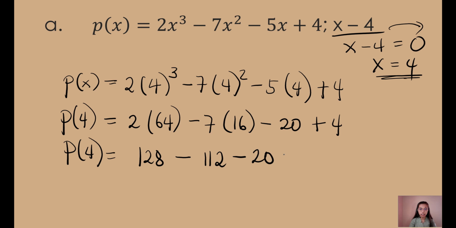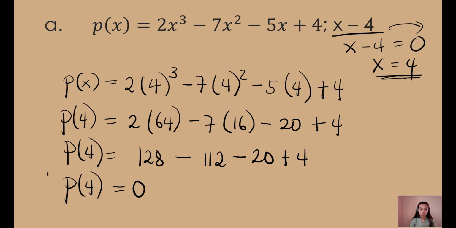minus 20 plus 4. And what is our p of 4 now? We have 128 minus 112 minus 20 plus 4, that is equal to 0.